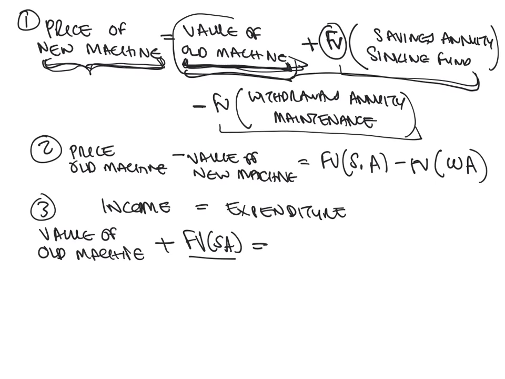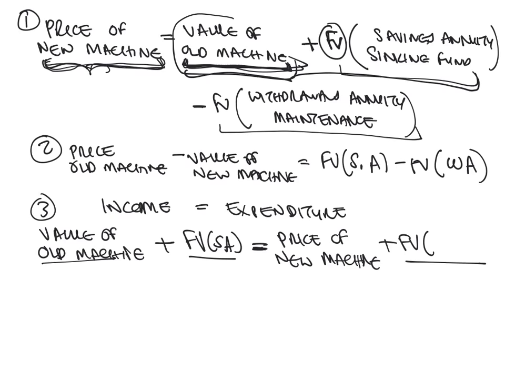Those incomes should equal my expenses. What are my expenses? My first expense is the price of my new machine, and if I add to that the expense of maintaining my old machine, that is another expense, which is the future value of my withdrawals annuity. And that is again the same formulation as one. I've just rearranged the formula.